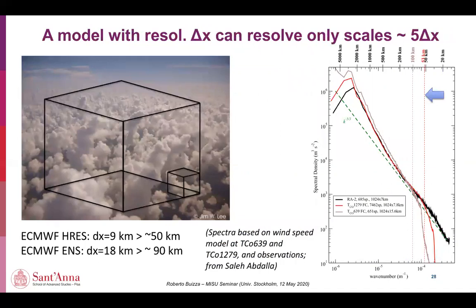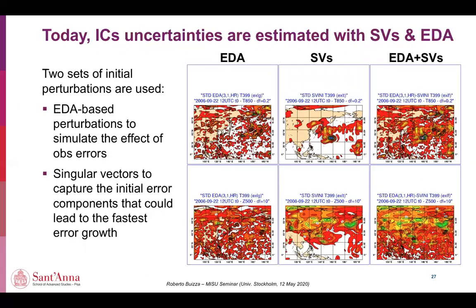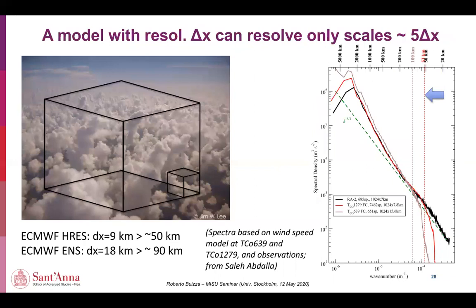But as I said before, this is essentially what we've done to simulate initial conditions. What about model uncertainty? As I said before, the atmosphere's energy spectrum is continuous. We make choices on the model resolution, so we introduce an artificial truncation in our models.